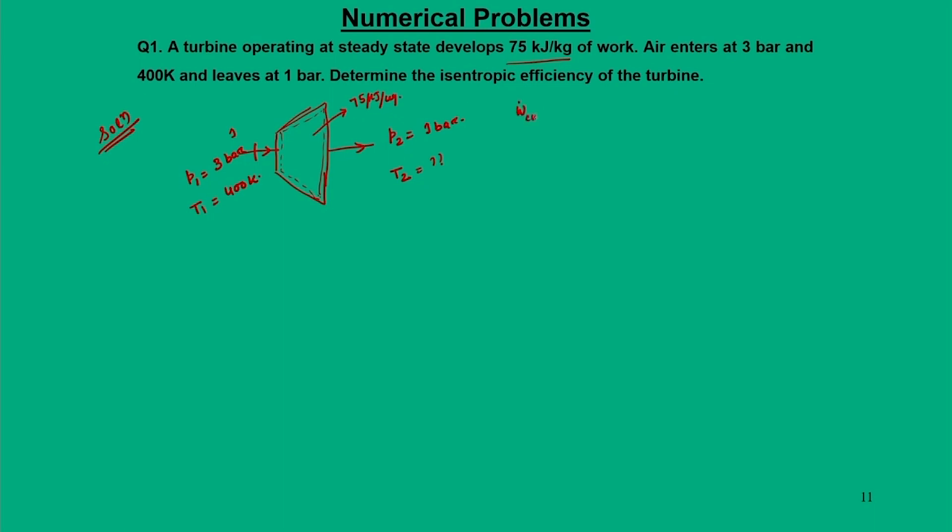We can say W dot CV by m dot is equal to 75 kilojoule per kg, and what we do not know is W dot CV by m dot for an isentropic process, because the turbine process can be assumed isentropic.